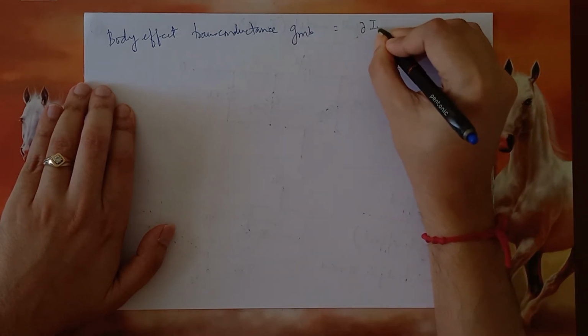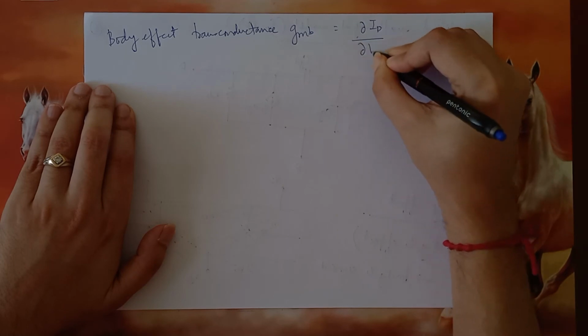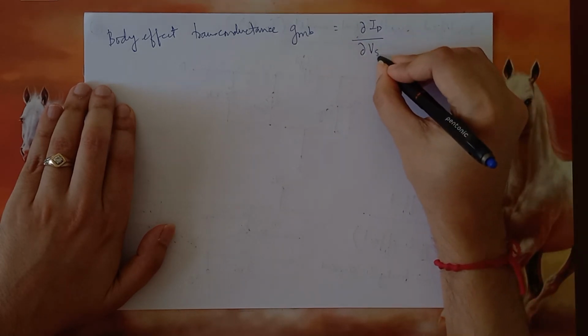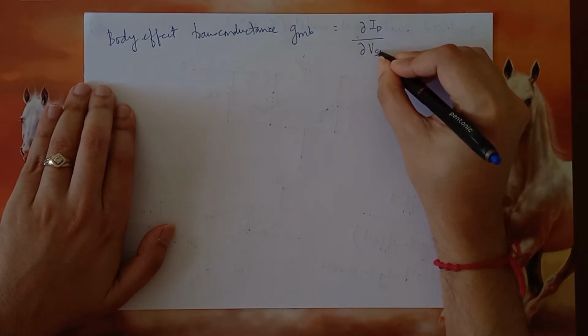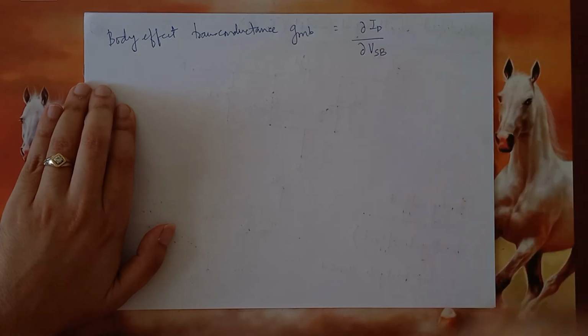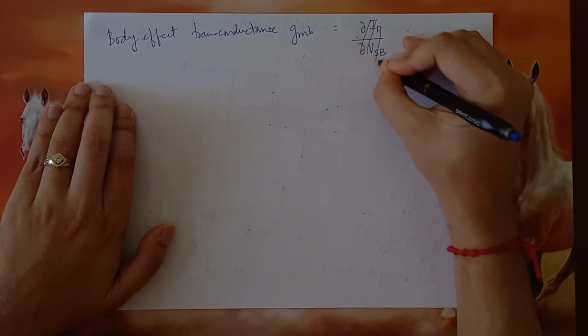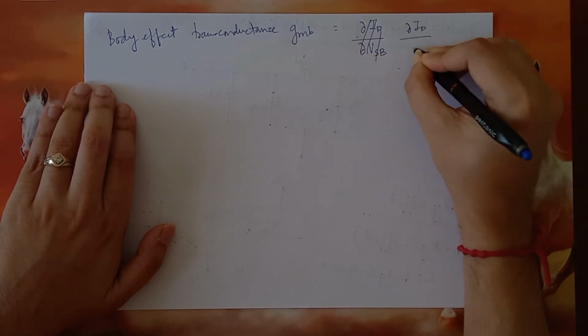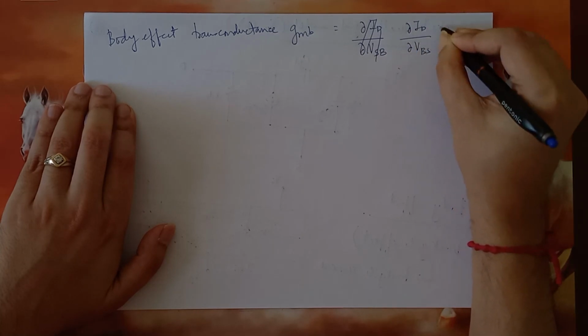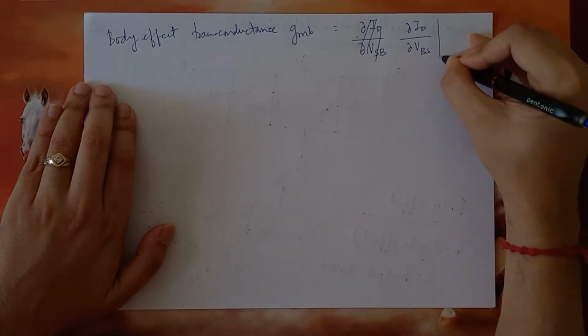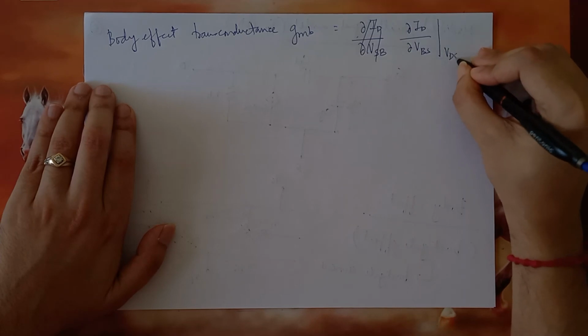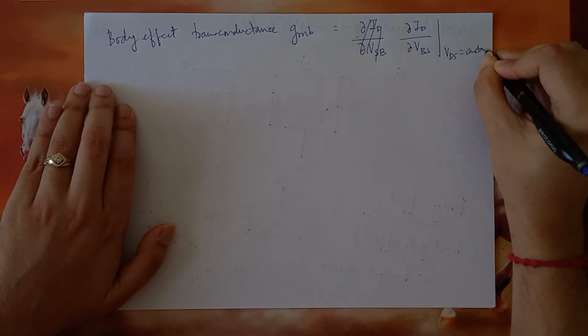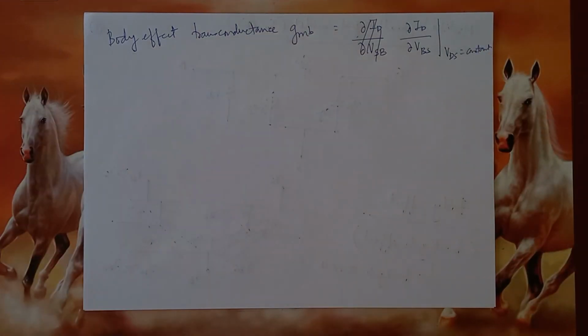The derivative of drain current with respect to the body-source voltage, for constant VDS, just like the previous case.